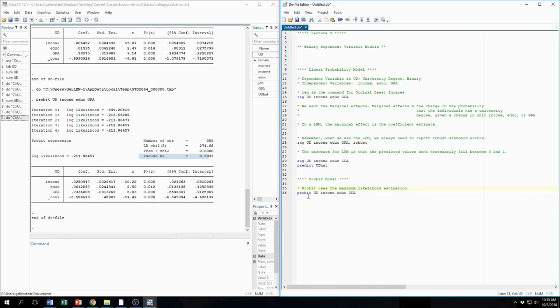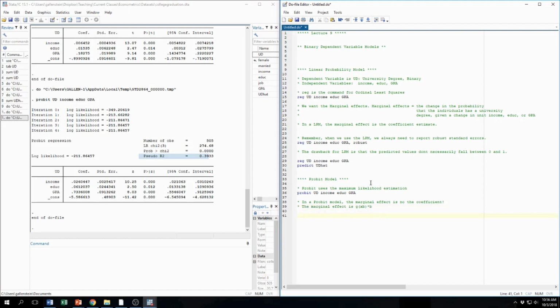Now let's remember, in a probit model, so now we're going to talk about interpreting these results. In a probit model, the marginal effect is not the coefficient! The marginal effect is that g function times the coefficient.